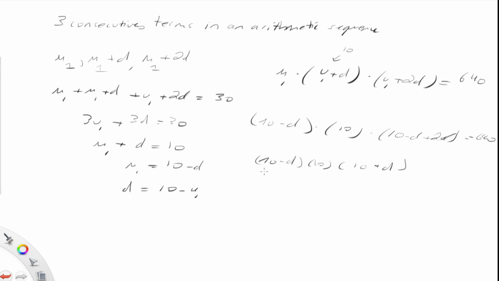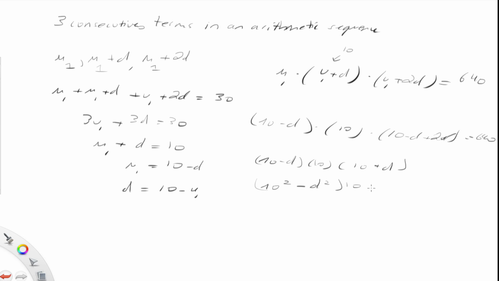And so there's an identity which states that a minus b times a plus b is equal to a squared minus b squared. And if we look at this, we're in the same situation here. 10 minus d times 10 plus d is equal to 10 squared minus d squared, and that will be times 10, right?